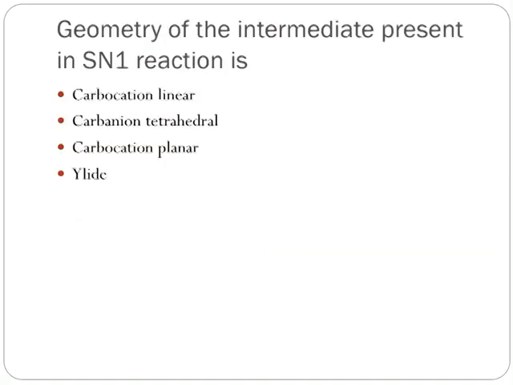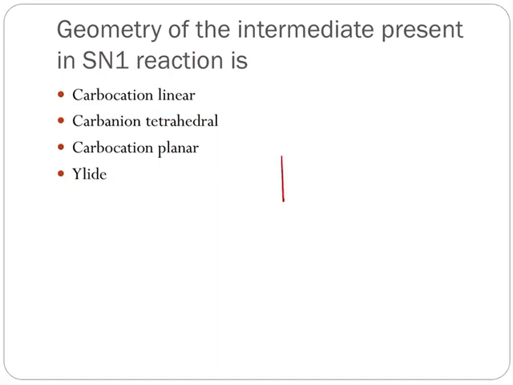So let's see the next question. The next question is the geometry of the intermediate present in SN1 reaction. So in SN1 reaction, what happens? First we should look at this.